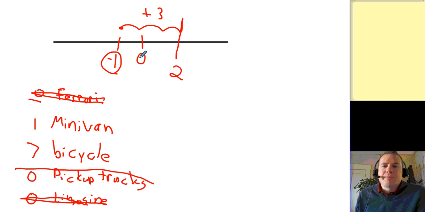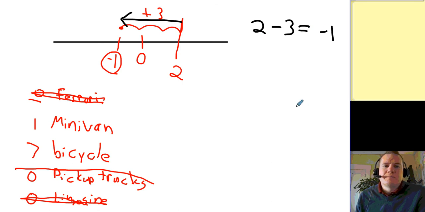An even better example is when you have a bank account, you might have $2 in your bank account, and then you spend $3, and you go down to -1, right? How do we get to these numbers? We could say 2 minus 3, starting at 2, going down 3, we get to -1.